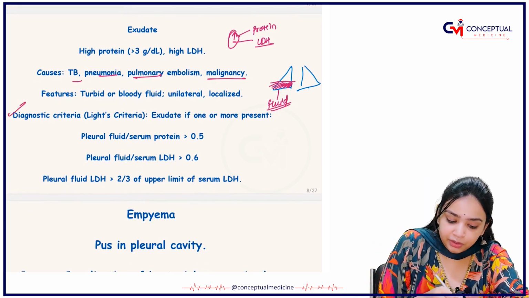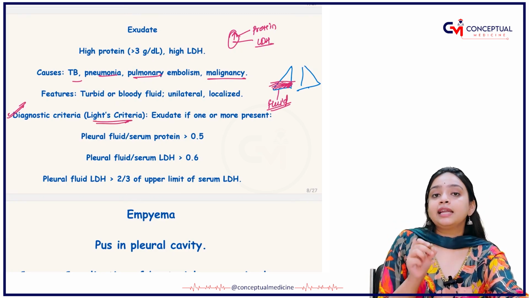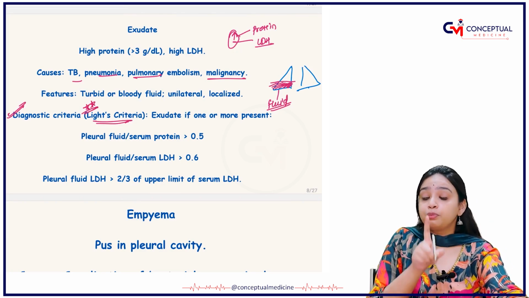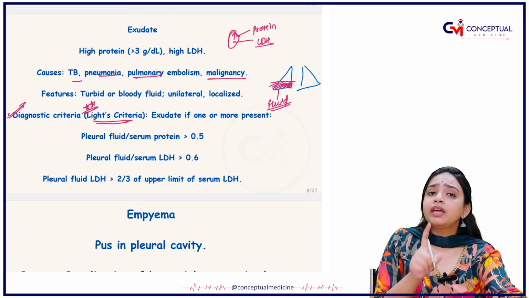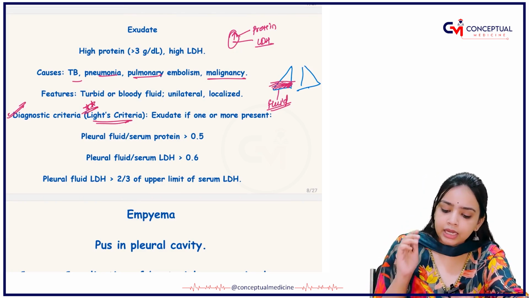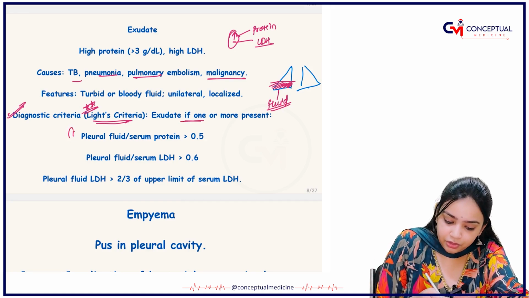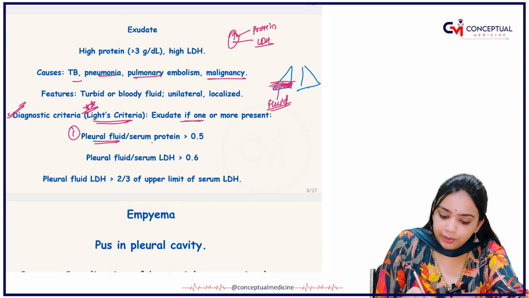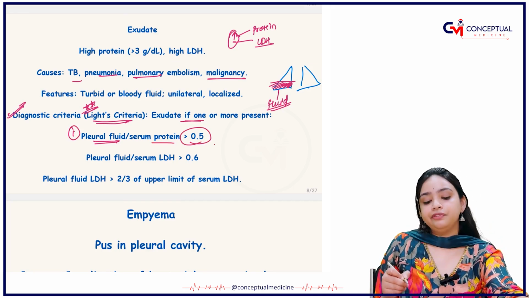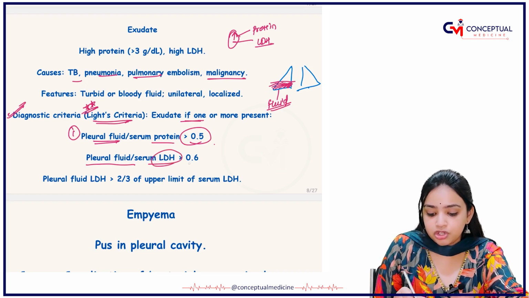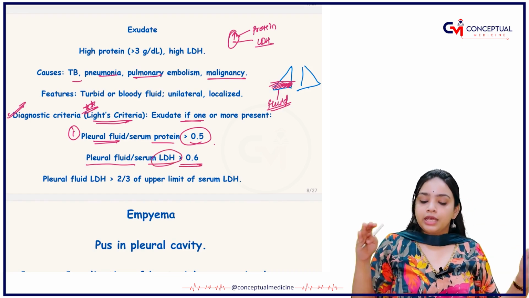Next, you have a diagnostic criteria called Light's criteria. Okay, and it is very important. It will be asked in your exams. So make sure you are very thorough with this criteria. If exudates has one or more present, firstly, if the pleural fluid protein ratio is more than 0.5, and if the pleural fluid and the serum LDH ratio is more than 0.6.